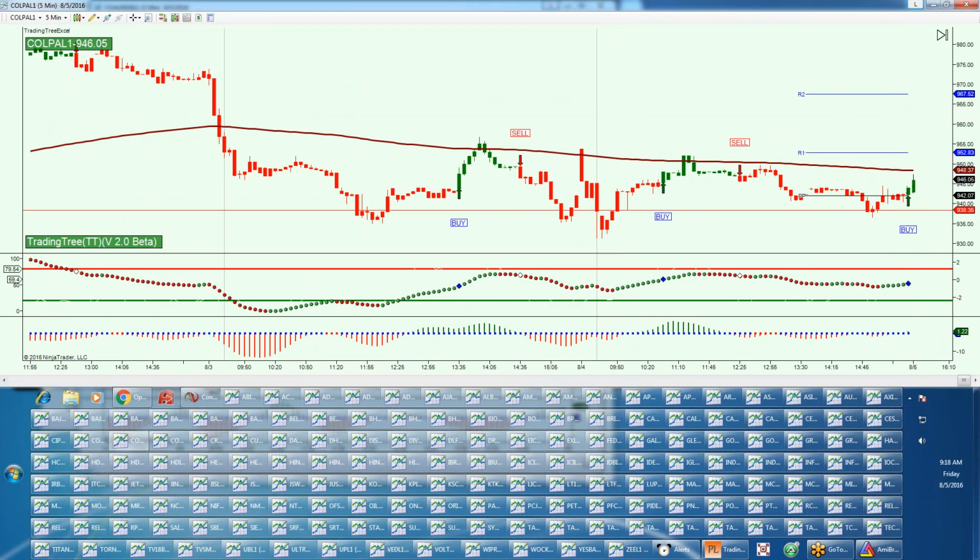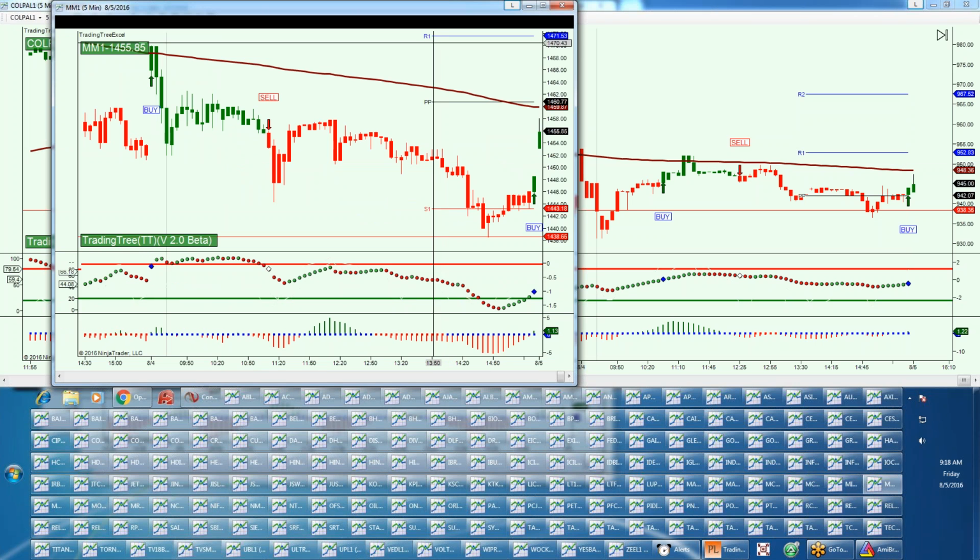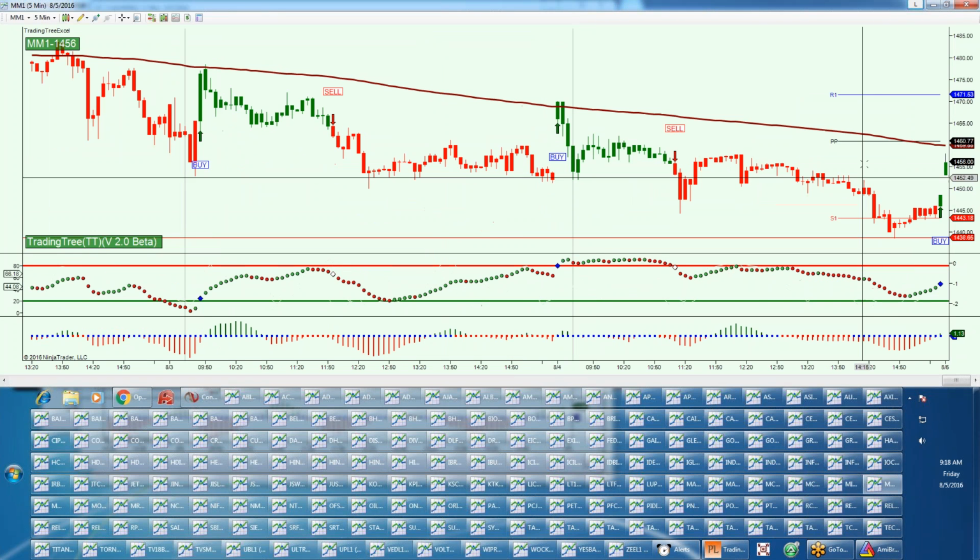Now I have a buy call here. So I know that my resistance is this brown line first. So in case it crosses the brown line, and that is around 950, I will take a call on Colpal. So that's M&M, the same with M&M.